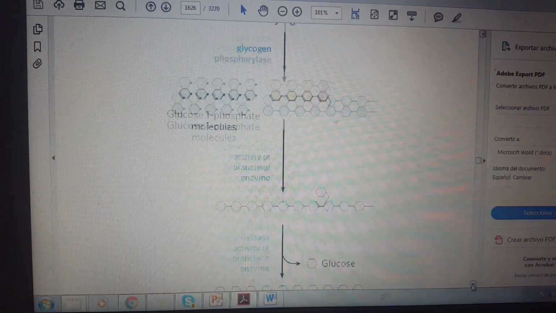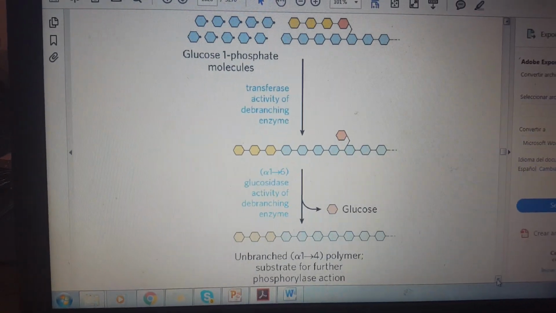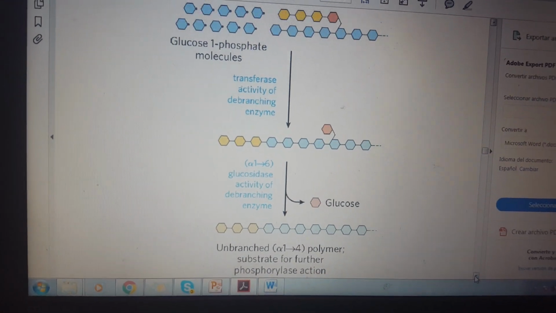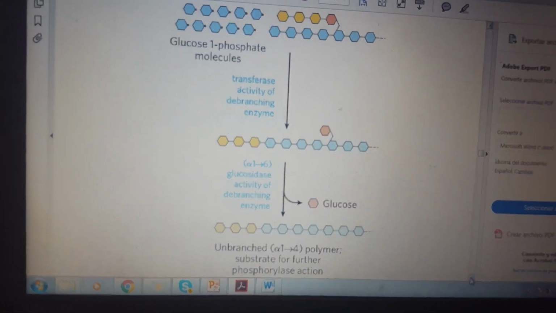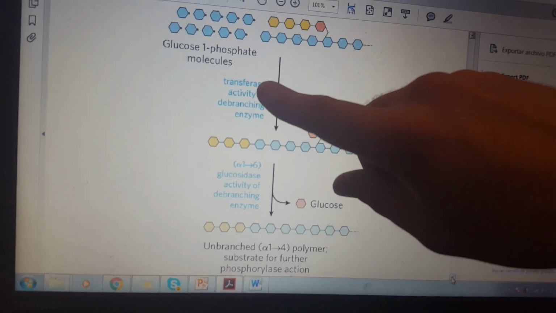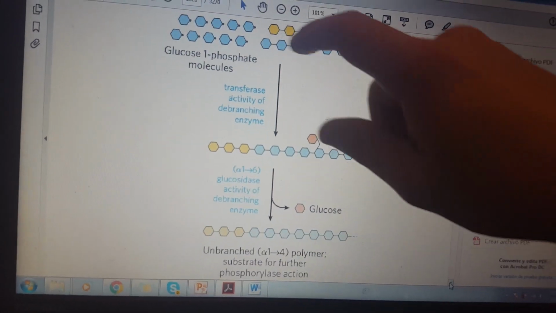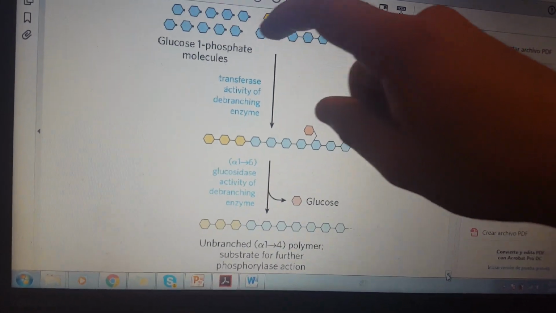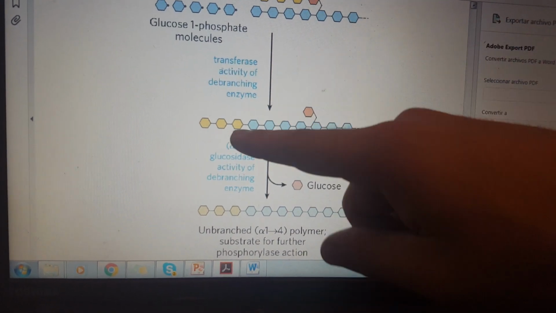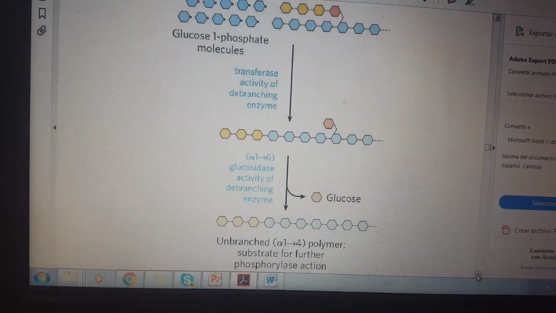Next, we have to introduce the debranching enzyme. This enzyme has two different activities. The first is a transferase: the non-reducing portion of the glycogen branch is going to be added to the linear molecule of glycogen.